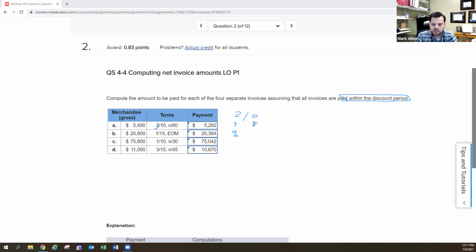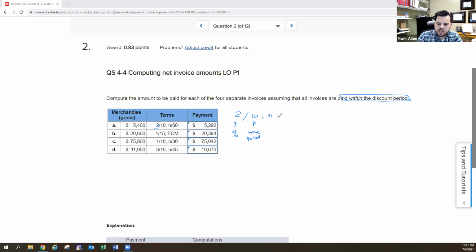So this is my time period that the discount is actually available, right? So this is what we call the discount period. I'm just going to call it the time period because I'm having to write with a mouse, which is kind of difficult, and time is easier to write than discount. So this is the time period that discount is actually available.